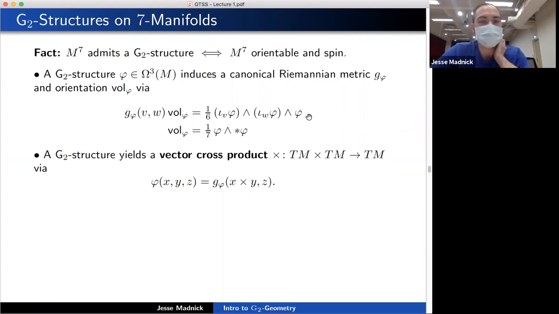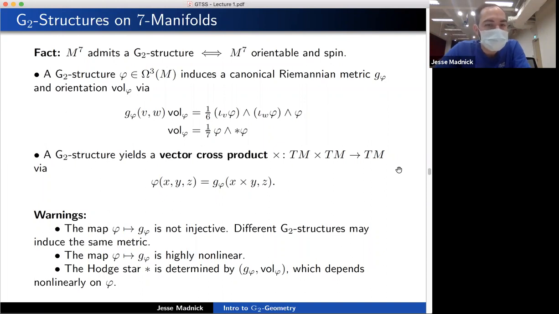Okay, this single formula picks out both the metric and the volume form. And then there's this very pretty expression for the volume form in terms of phi wedge star phi. Okay. And if you take your 3 form and you raise an index, then you get a cross product operation. So again, each tangent space, because we're thinking of it as the imaginary Octonions, has a 7-dimensional vector cross product. And there are some authors who will say that a G2 structure is this 7-dimensional cross product structure, and it's essentially the same thing.